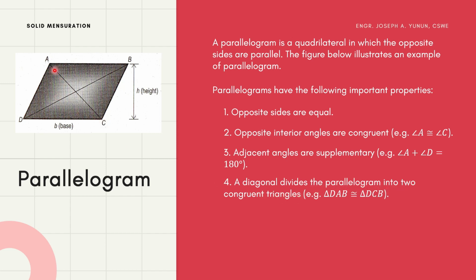So triangle ACD is congruent to triangle ACB, or DAB and DCB. Either way, they are congruent triangles. And the two diagonals bisect each other.